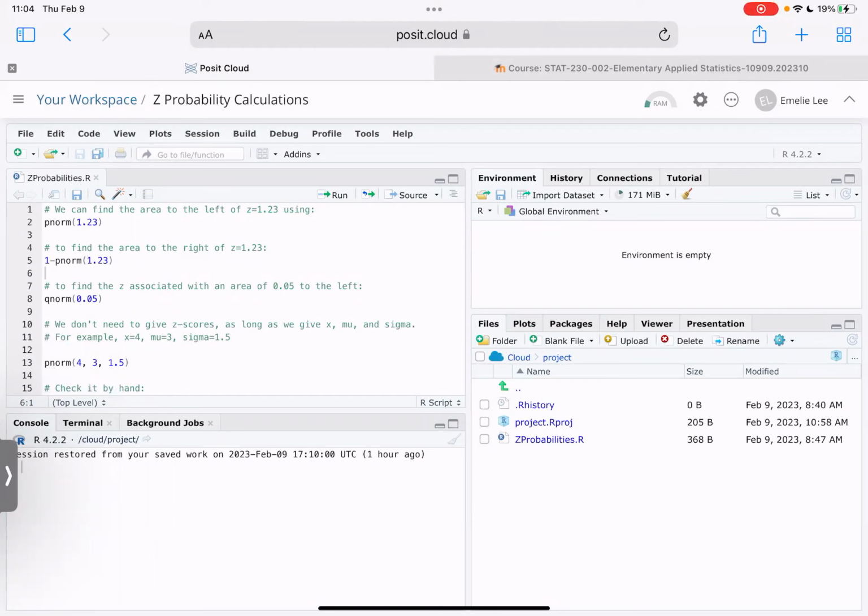It's already up and running, and it just looks like a cloud version of RStudio, so we can jump right in. I've got a couple of commands, and I posted this R script on Moodle, but like I said, we'll do that once we get there.